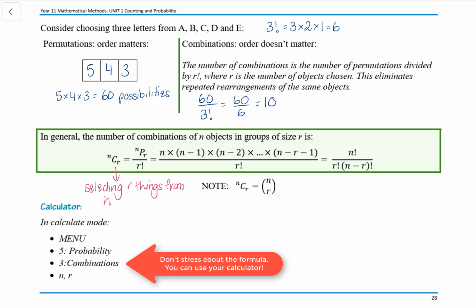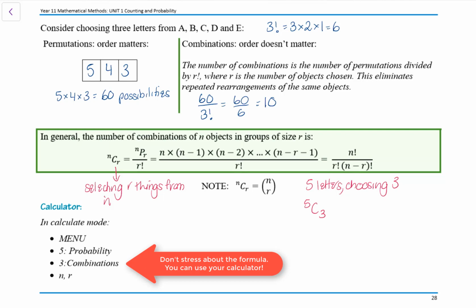So in this case, if we looked at our example, we have 5 letters and we're choosing 3. So that would be 5C3. The formula is on your formula sheet as well. So don't get stressed about remembering this, and you can do it on your calculator. So you don't have to use the formula.